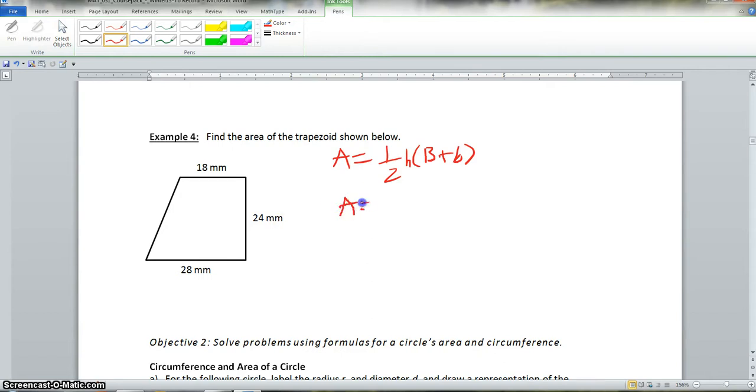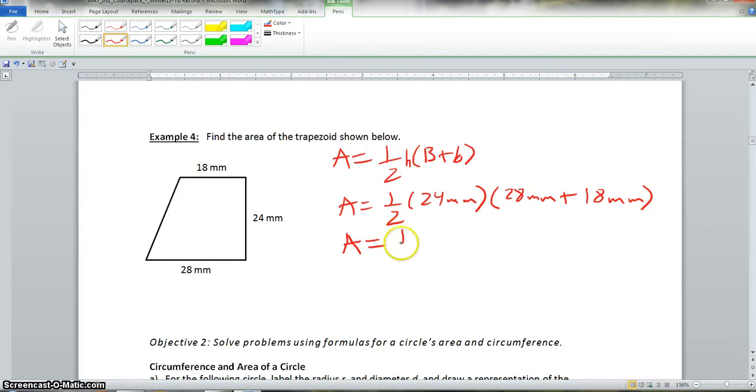So we have the area is equal to 1/2. The height is 24 millimeters, because if you notice here, going from here to here is 24 millimeters, which is the same as here. Now we have to get to our capital B and our lowercase b. Our bigger base is 28 millimeters. Our smaller base is 18 millimeters.